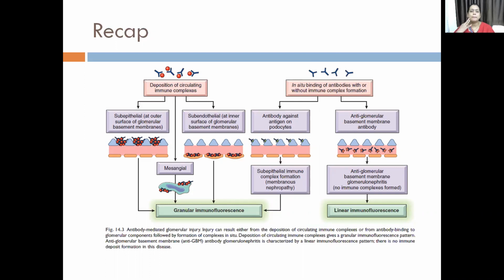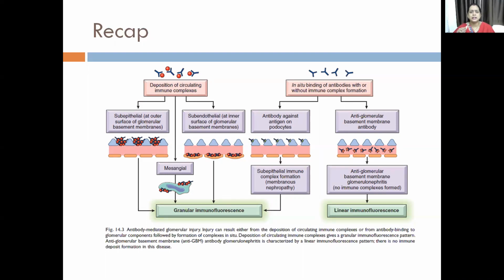When we talk about planted antigens, we gave an example yesterday of infants fed by cow's milk. The milk antigens are absorbed from the gut and act as substrate for the formation of antigen-antibody complex. As they get planted on the glomerular basement membrane, they get recognized by the antibody and then there is immune complex formation. So that is the second type.